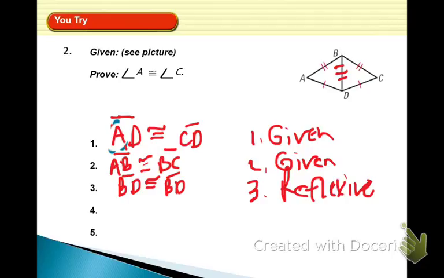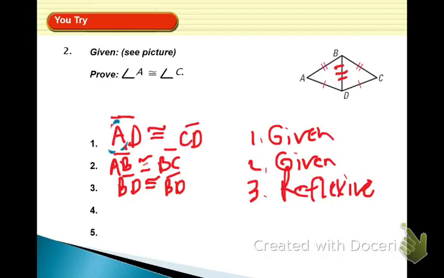Now, what would be my next step in this proof? Evan, what do you think the next thing I would say would be? Angle ABD is congruent to angle CDB.